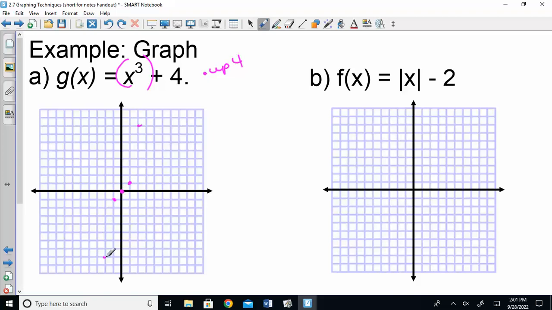Negative 1, negative 1. Negative 2, negative 8. And so then, we just take each one of these points that we graphed and move them up 4.